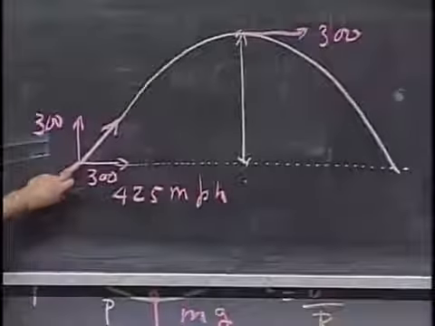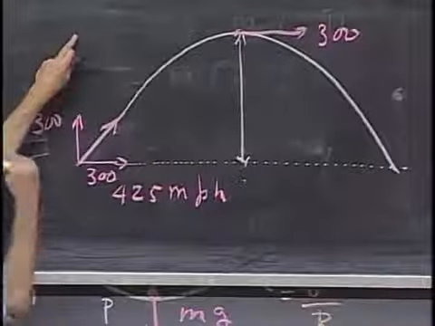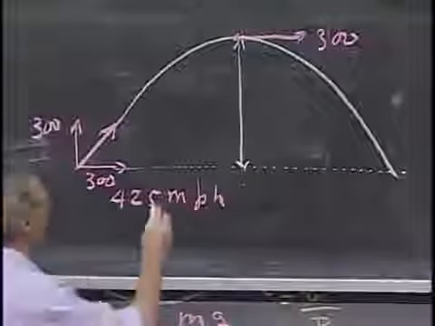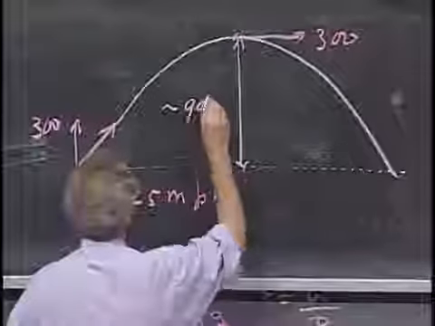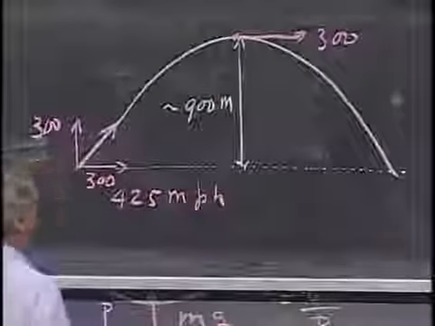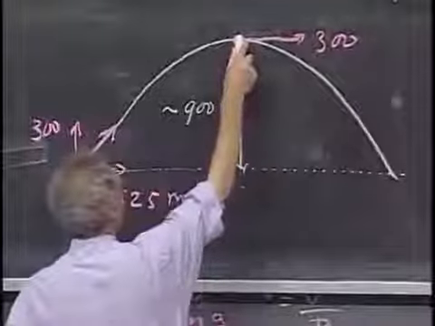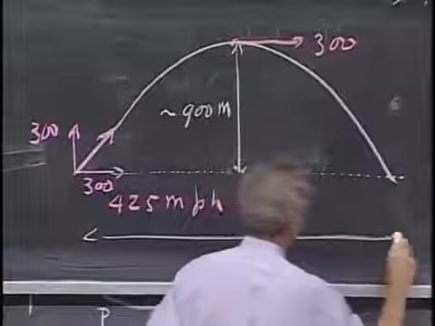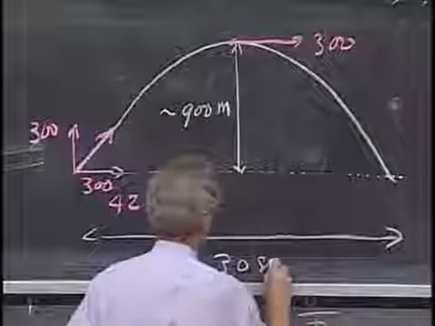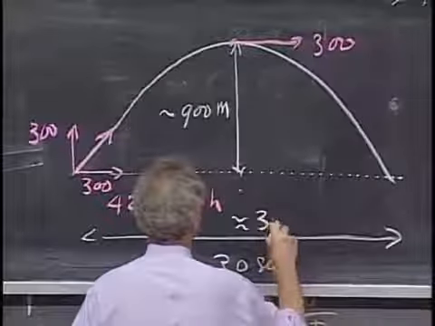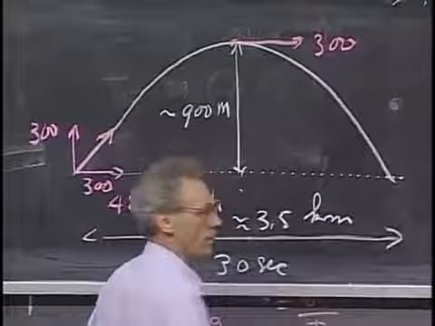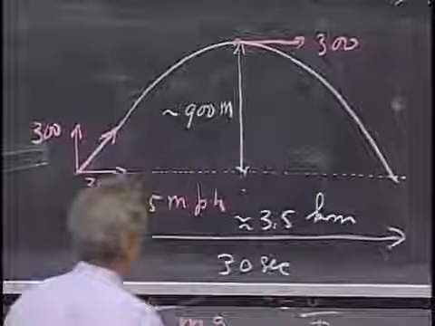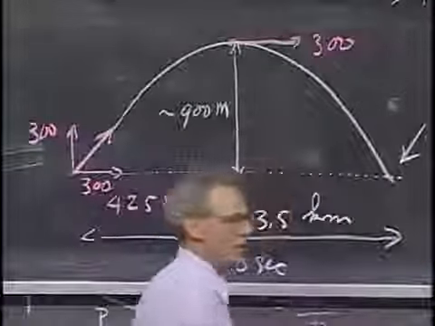In other words, what is the time that the velocity in the y direction comes to zero? You can calculate that, and then you know how much it has traveled. Very crude numbers, this is about 900 meters. And it will take about 15 seconds to reach this point, so it will take about 30 seconds to go from here to here. And in those 30 seconds, the horizontal displacement is about 3.5 kilometers. And all these numbers you should be able to confirm. Right here, the engines are restarted.